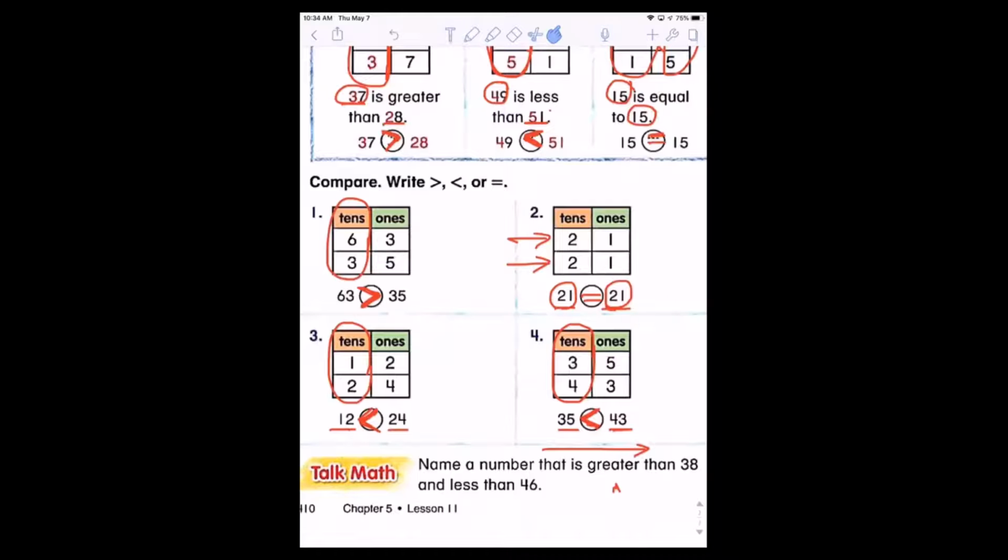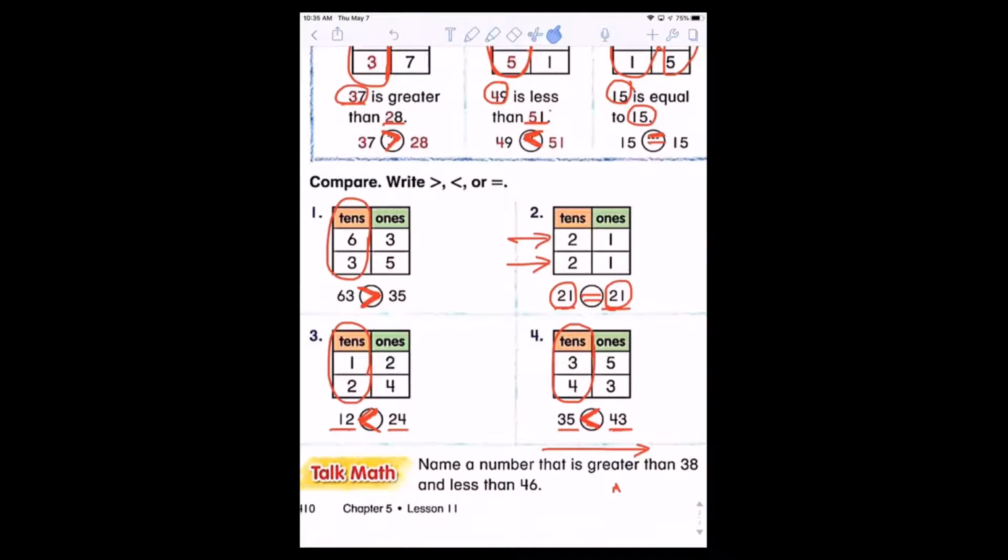What number? Santiago. Yeah, what? What's greater than 38? 63. Okay, 63 is greater than 38. Very good, Santiago.